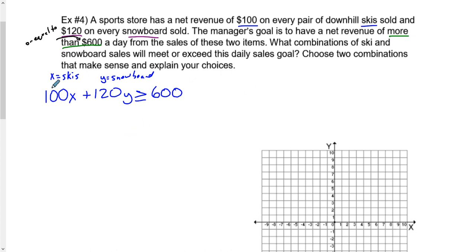Well, here's our inequality. Let's get into the form of graphing. I'm going to have to add 100x. So 120y is greater than or equal to 100x. Add 600. Divide by 120.